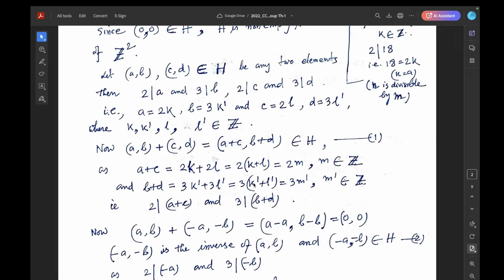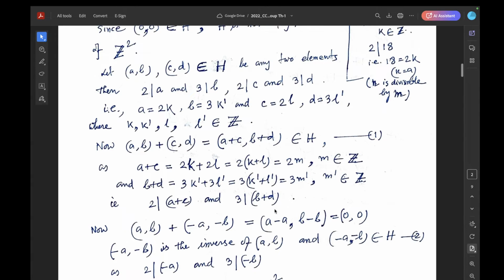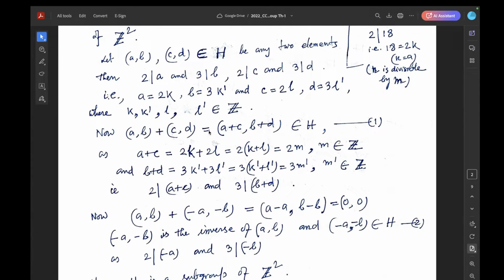This m dash equal to k dash plus l dash, this m dash belongs to Z. Thus, 2 divides a plus c and 3 divides b plus d. So actually H is closed with respect to this addition.